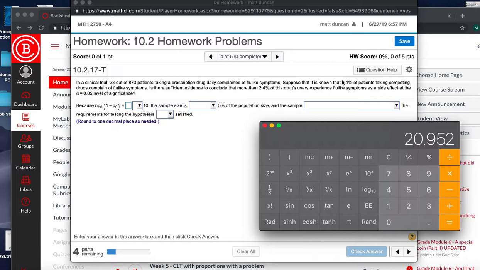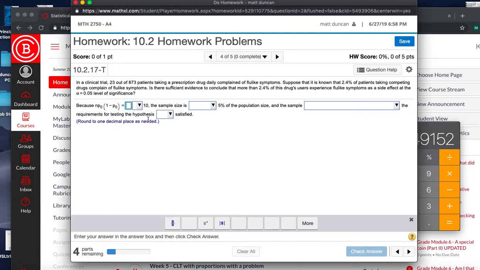If 2.4% is p naught, then 1 minus p naught is 97.6%, so 0.976. We need this number to be at least 10. It is, it's 20. Rounded to one decimal place, 20.4 should work. That value is greater than 10, which is what we need.